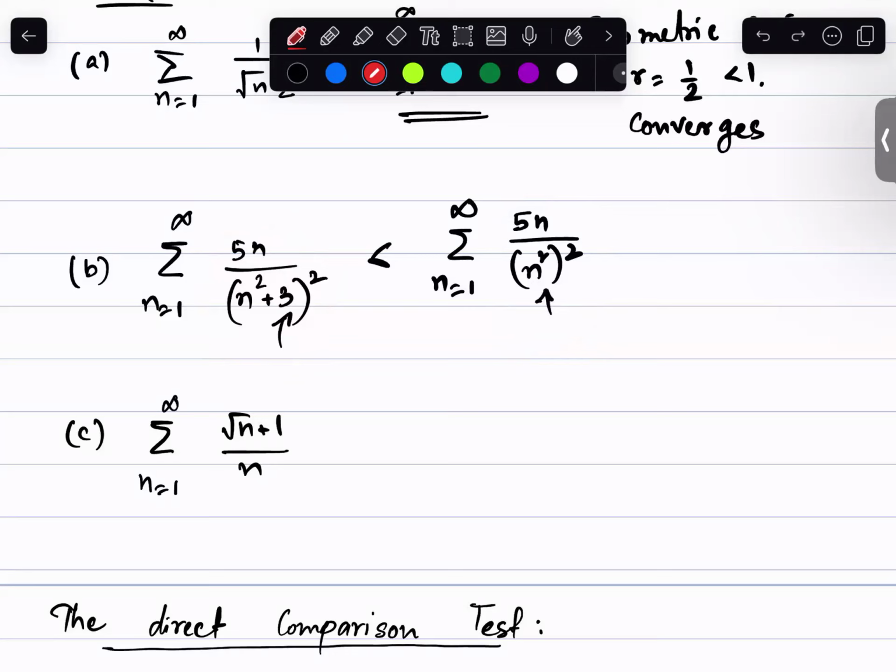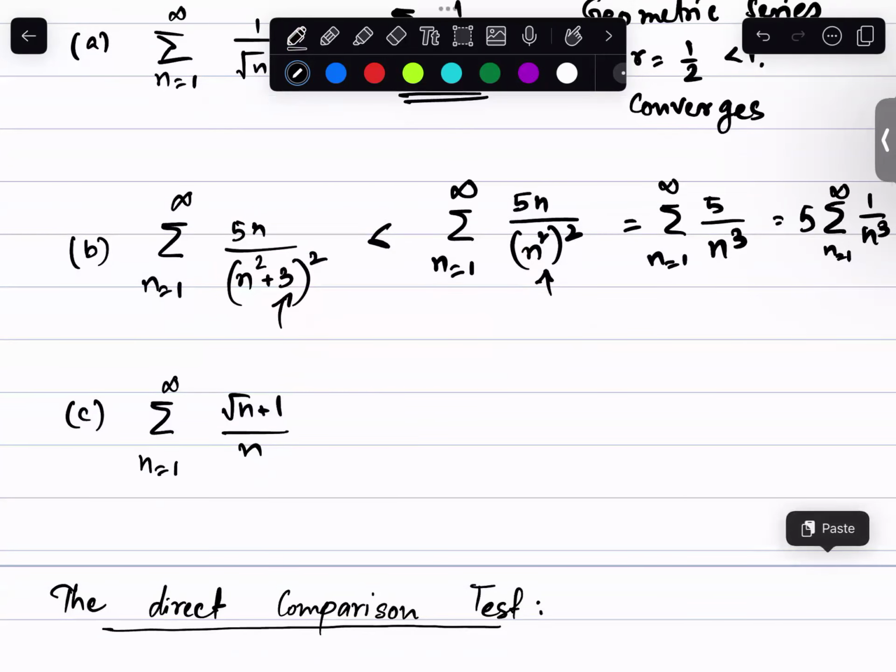Okay, but then this is nothing but summation n equal to 1 to infinity 5 over n to the third, and I can rewrite this like this. And this again converges, right? Why? Because this is a P series with P being 3, which is bigger than 1.